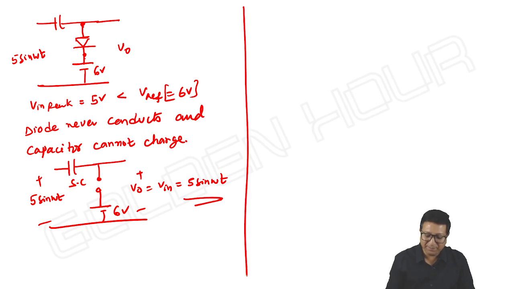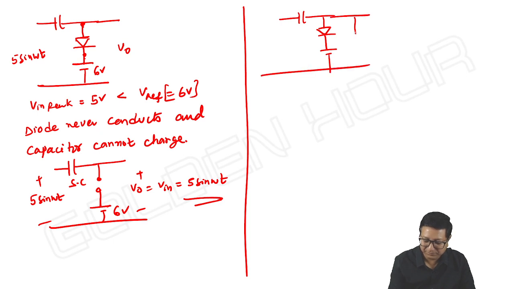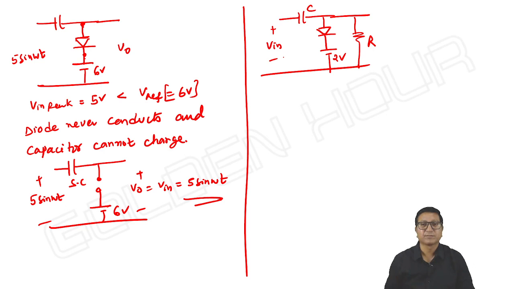And more practical clamping circuit, how it appears. Anyway, I am writing here this way. R input 2 volts or V reference, something like that, input. Like this we can write. And one more thing we can see here, that right, reference voltage has an upper limit.